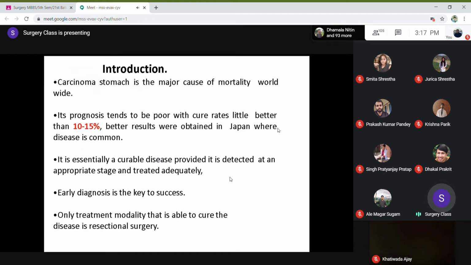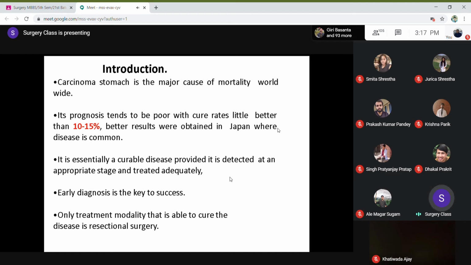Now we'll go into carcinoma stomach proper, which is a major cause of mortality worldwide, and the prognosis is poor if the tumor has spread.